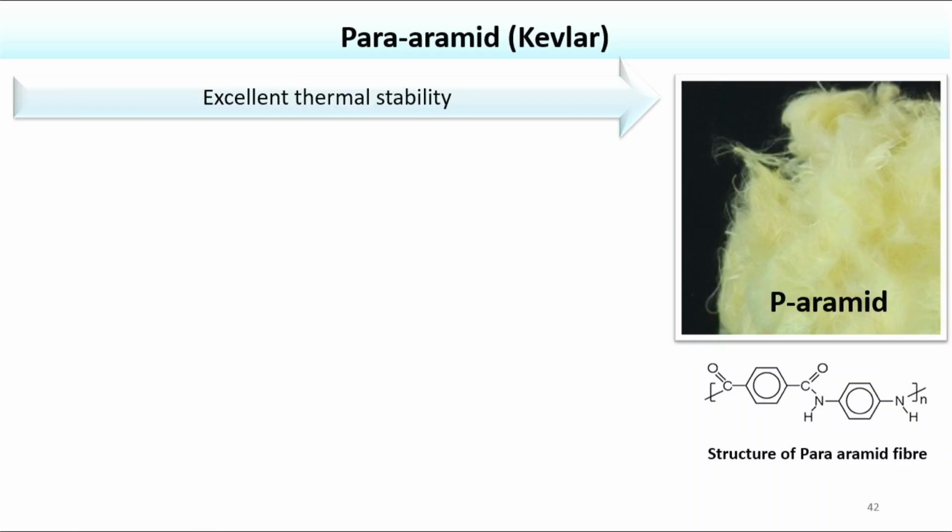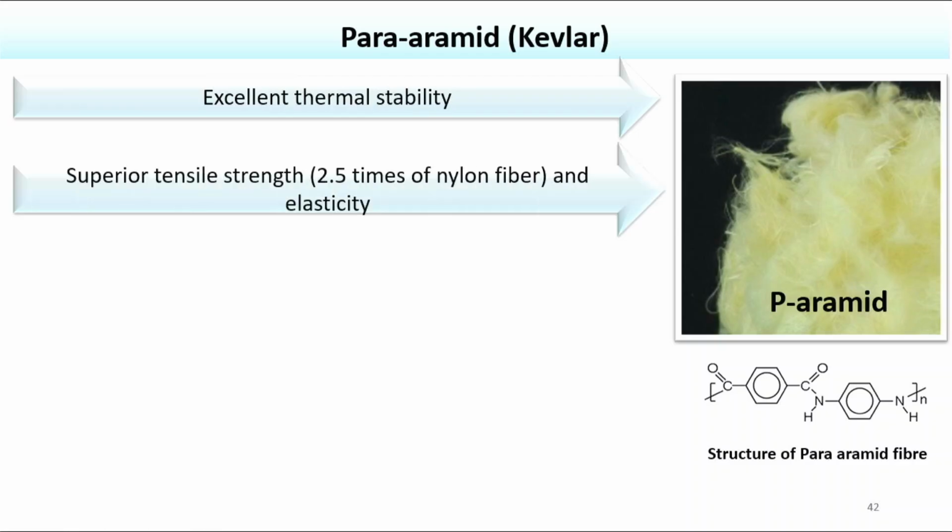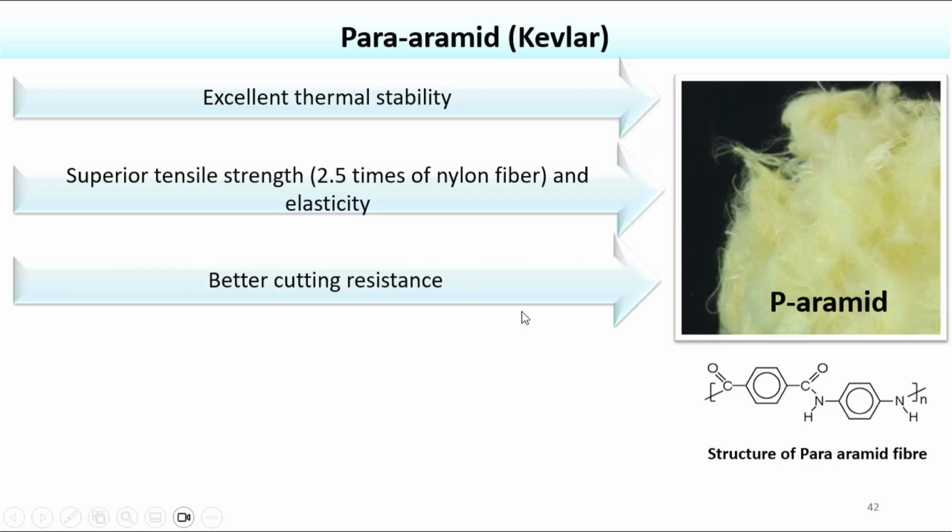Para-aramid, for example Kevlar, there are different types of para-aramids commercially available. Excellent thermal stability, superior tensile strength, 2.5 times that of nylon fiber, and elasticity is good. Better cut resistance, so it is also used in cut resistant clothing.